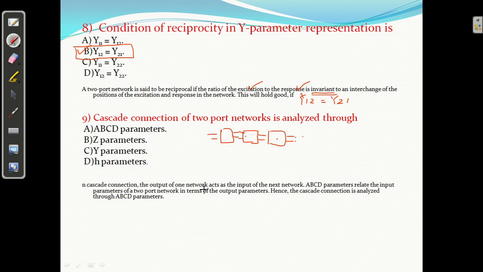The output of the first is the input for the second, the output of the second is the input for the third, and so on. So this is the ABCD parameter, a transmission parameter. That is the answer.